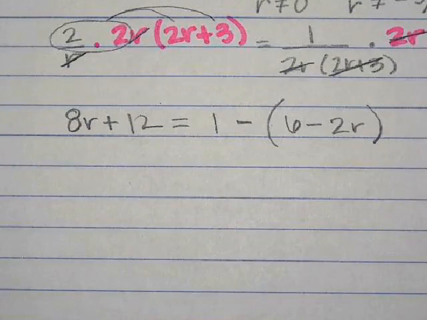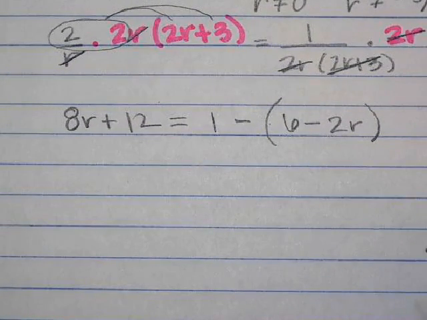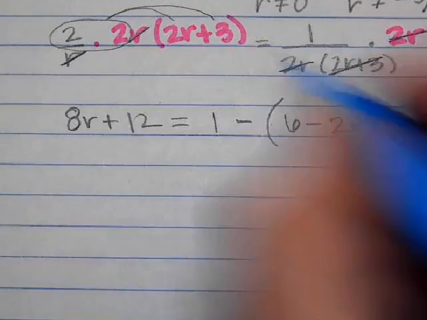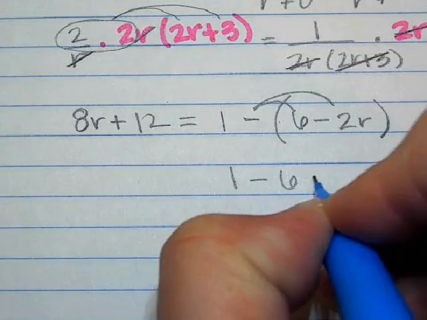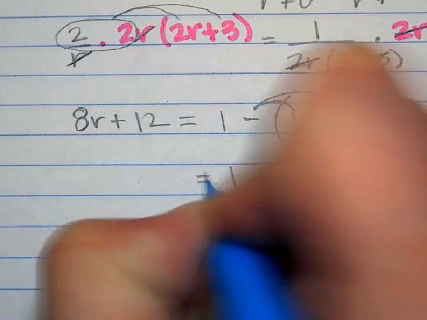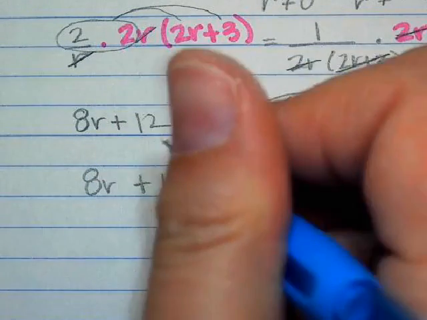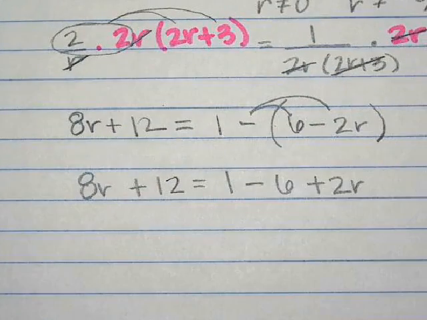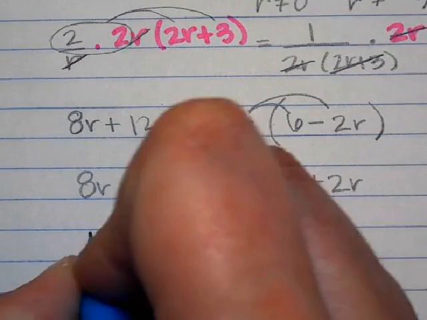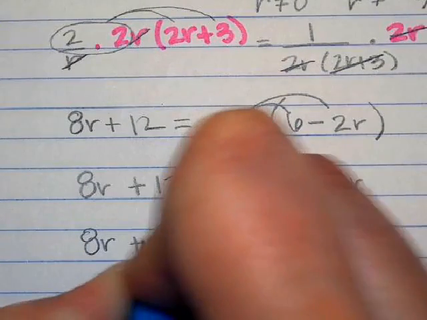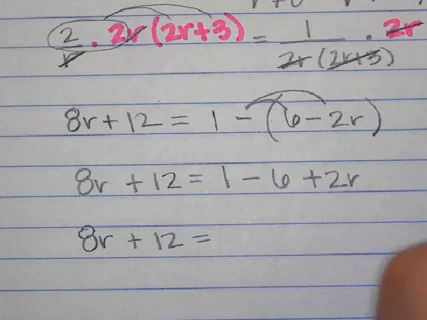It was so good. All right, so now what should I do? Distribute the negative. 1 minus 6 is -5.